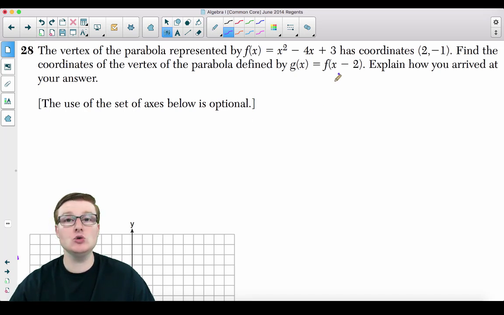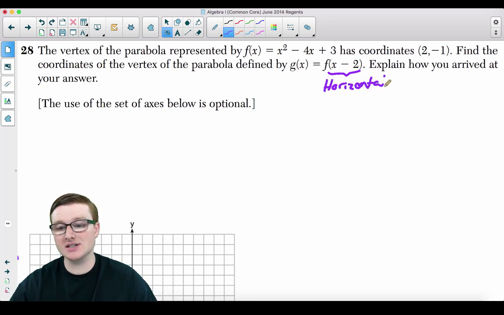First and foremost, you need to know all your transformation rules when it comes to quadratics. When you have a number inside of the parenthesis, this is always a horizontal shift, and it is always opposite the sign.